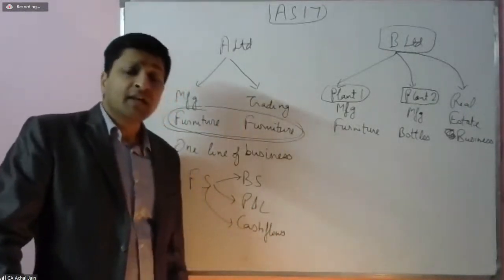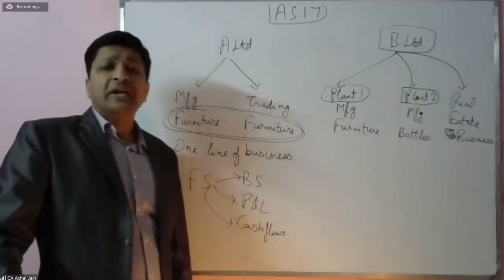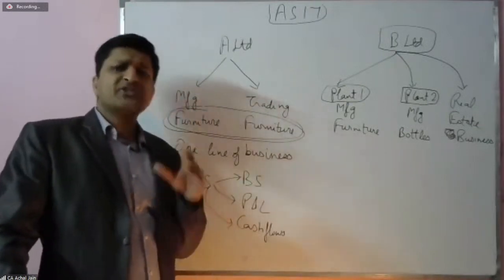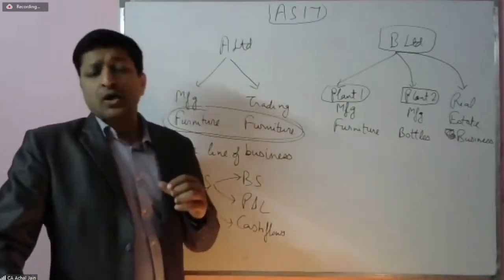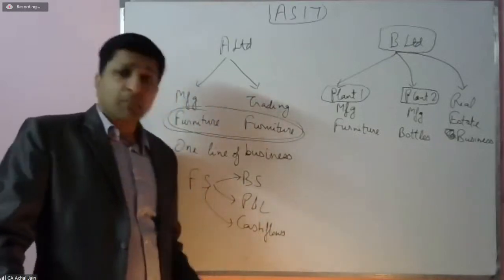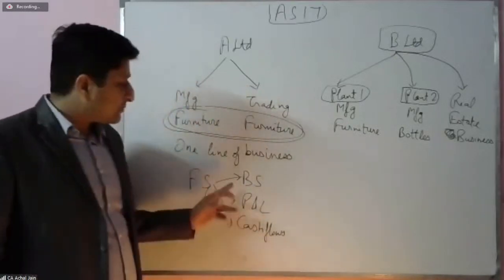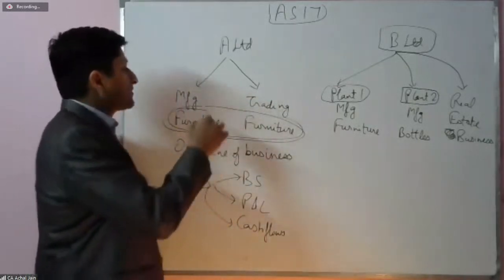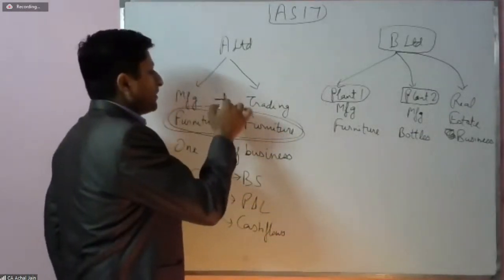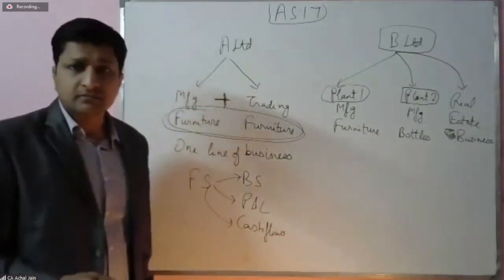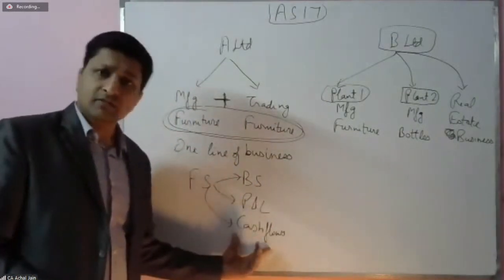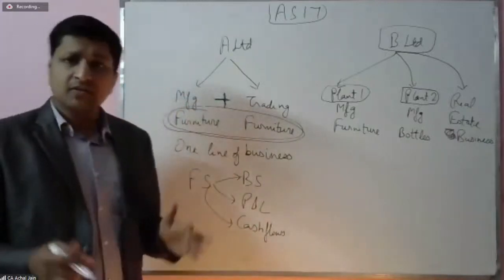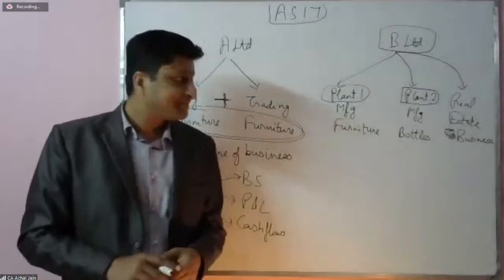Or you can say the users of the financial statements of A will be able to appreciate the performance of the business by looking at the financial statements of A Limited, wherein both these are given in a collective manner. The numbers are given collectively, correct? Because balance sheet, P&L, cash flows will not be prepared separately for these two activities. There will be only one, correct?